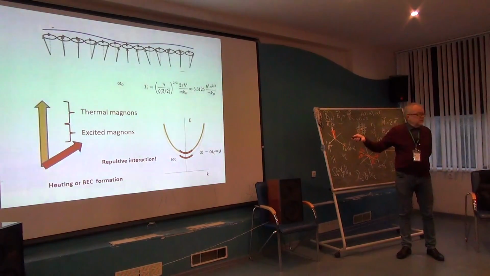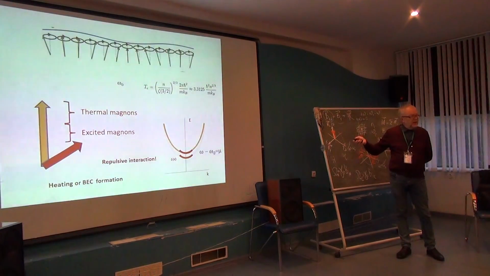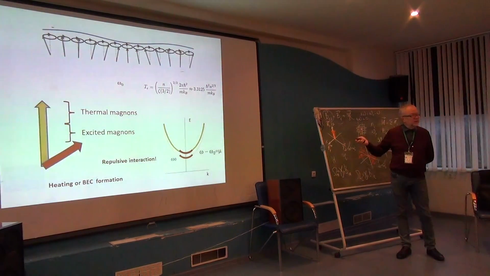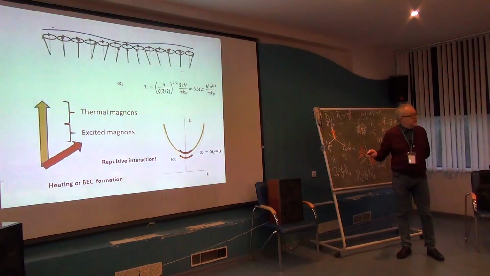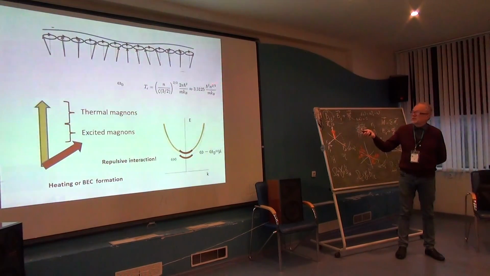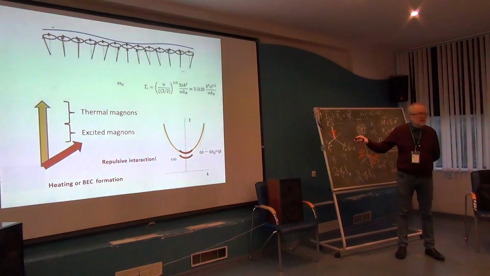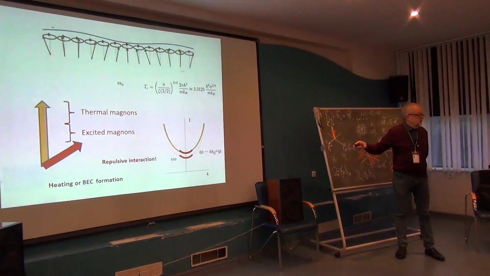For example, for superfluid helium-3B, we have a Tc which is something like 10 Kelvin, and our experiments are made at 1 millikelvin. So you see we have 4 orders of magnitude below Tc. As soon as we have created some number of excited magnons, they immediately go to the Bose condensation because temperature Tc is much higher.